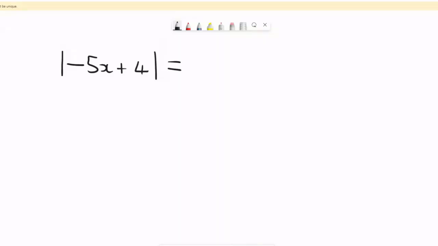Let me write the definition here. The absolute value of x is equal to x if x is greater than or equal to 0, and it's negative x if x is less than 0. So let's look at this one.